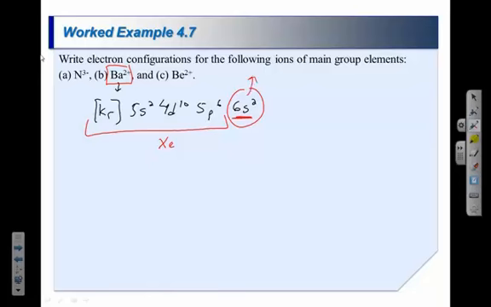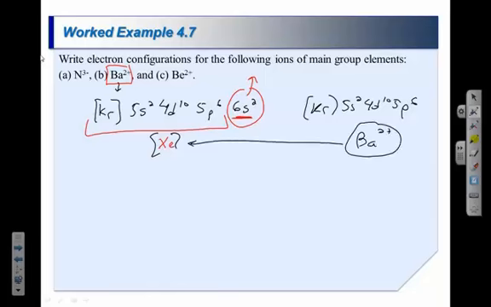So if it loses these two, it will have a Kr. Well, really, it will just be Xe, but you could write Kr 5s2, 4d10, 5p6. And so that's a barium 2+. So a barium 2+ has the same number of electrons as xenon. That's what makes it stable. That's why barium exists as a 2+ naturally.